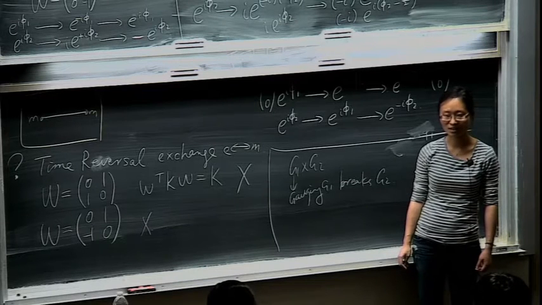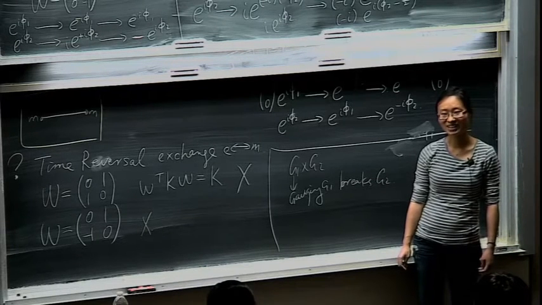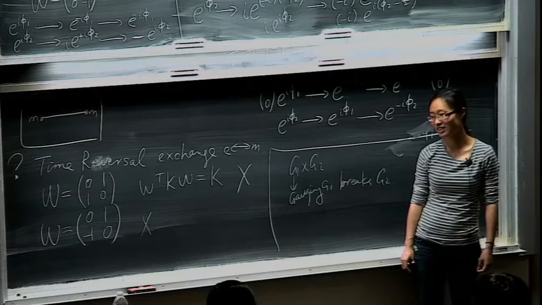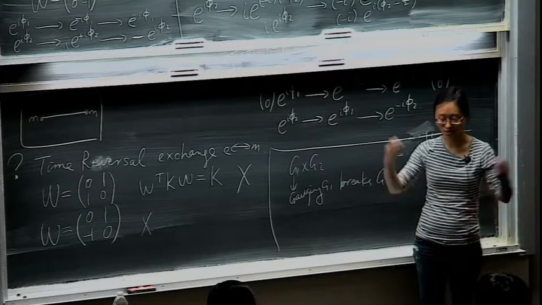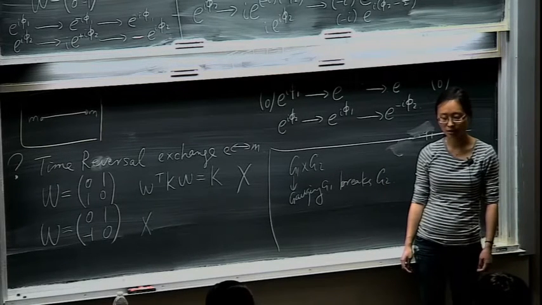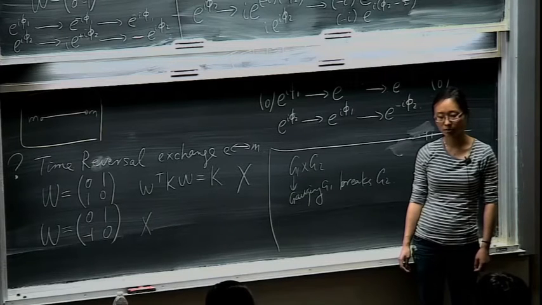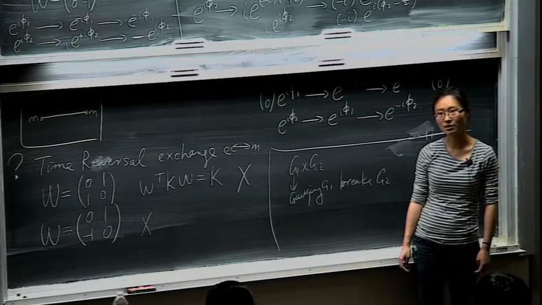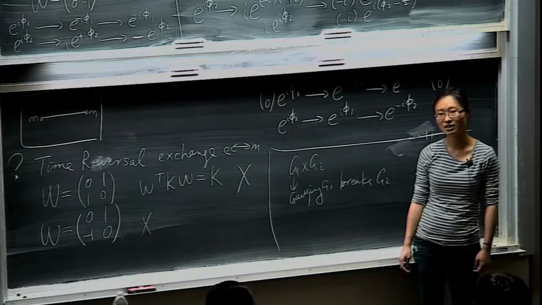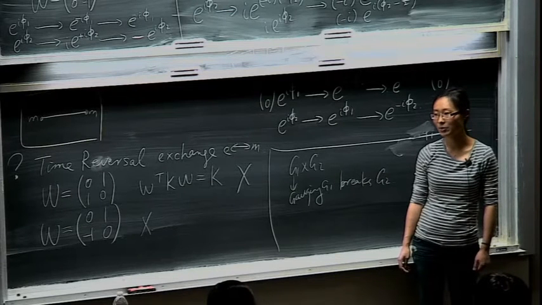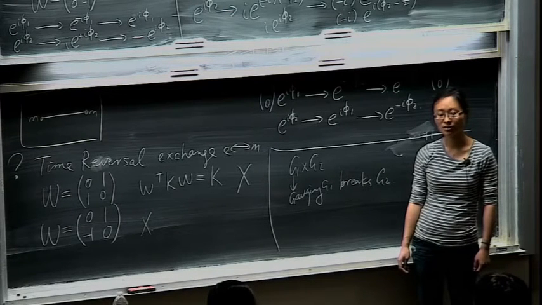I can't understand that paper. And luckily, there are some people who understand it. Lucas taught me all of this, but then several people at Station Q, Parsa Bonderson, Mason, and Zhenghan Wang, they wrote a big paper, and also Meng Cheng, they wrote a big paper on gauging and symmetry defects.